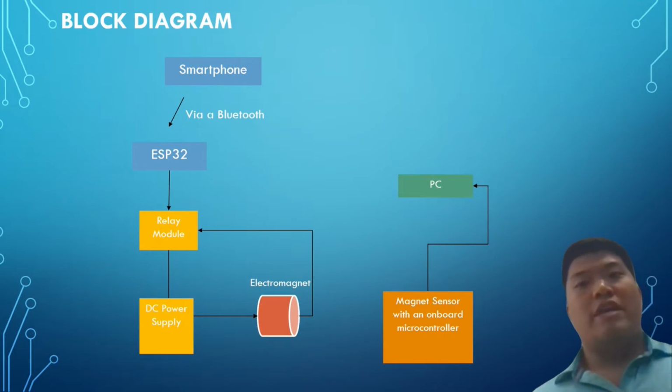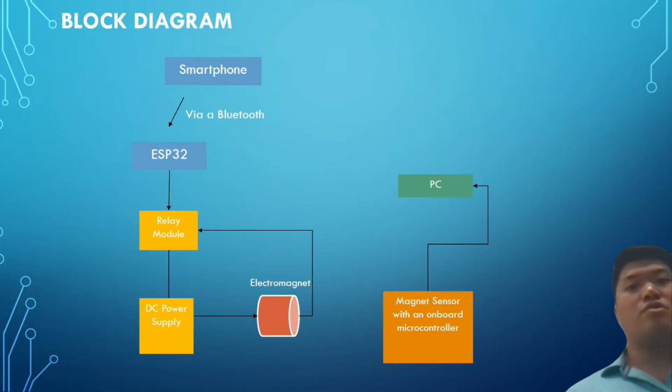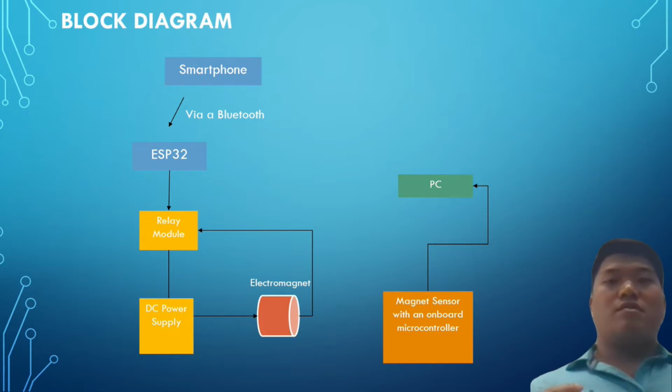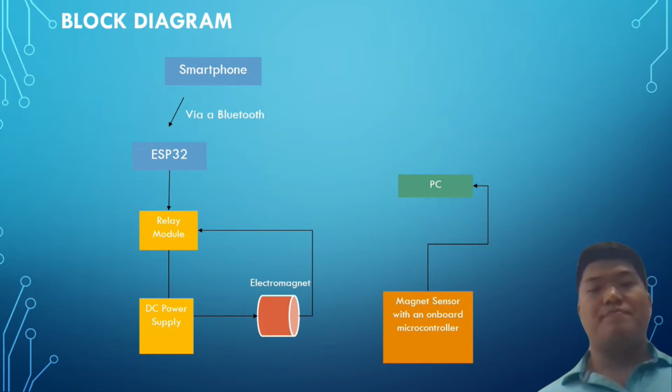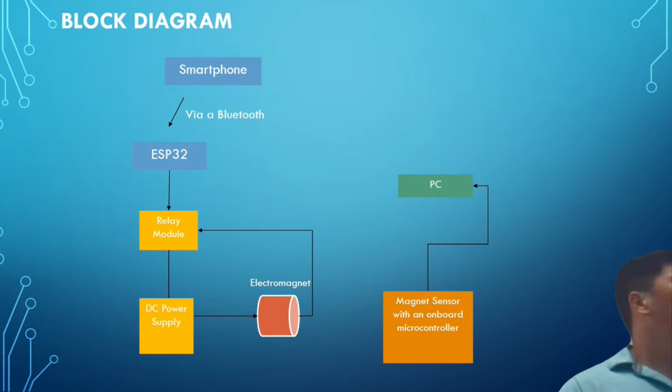So, a little layout of my device. You can send your message through your smartphone using Bluetooth, and the message will get converted into binary code by my microcontroller, the ESP32.